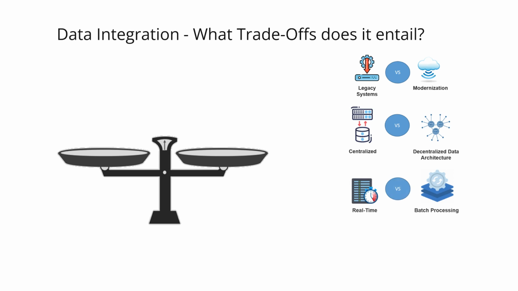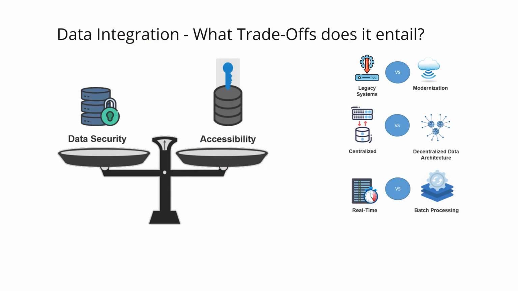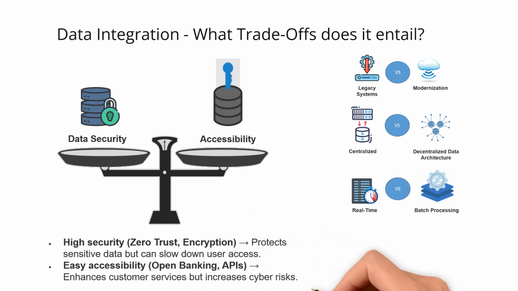Let's now talk about the trade-off: data security versus accessibility. Finally, let's talk about data access. Banks need to lock down sensitive data, but also need to make it available to employees and customers when they need it. The trade-off looks like this: strong security measures like zero trust architecture and data encryption keep your data safe, but they can slow things down.